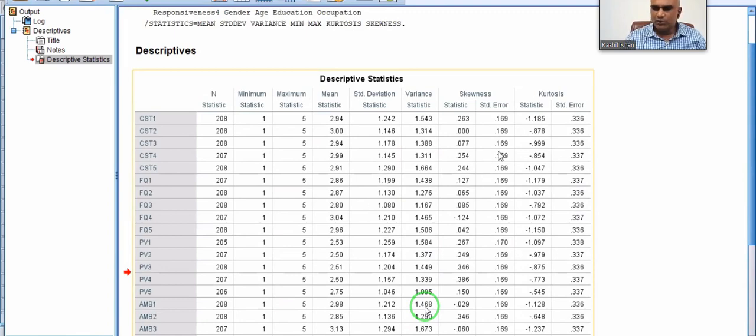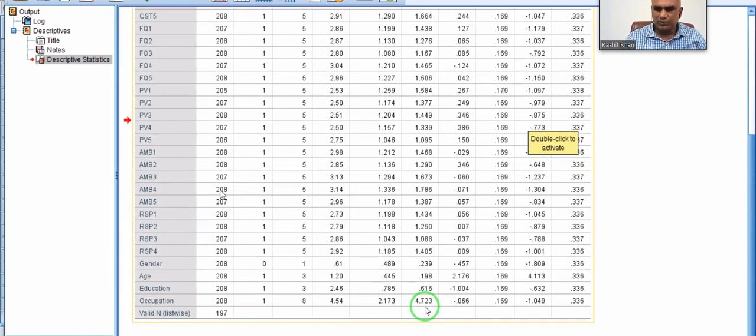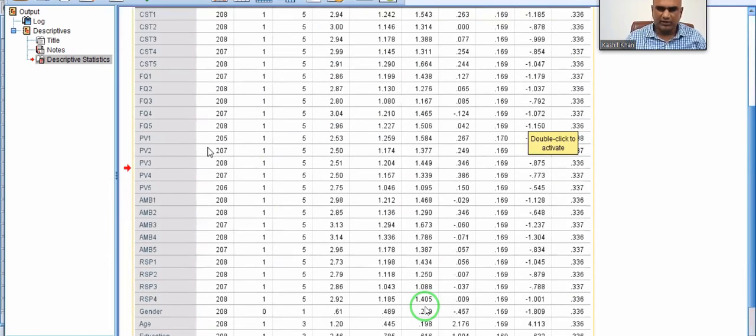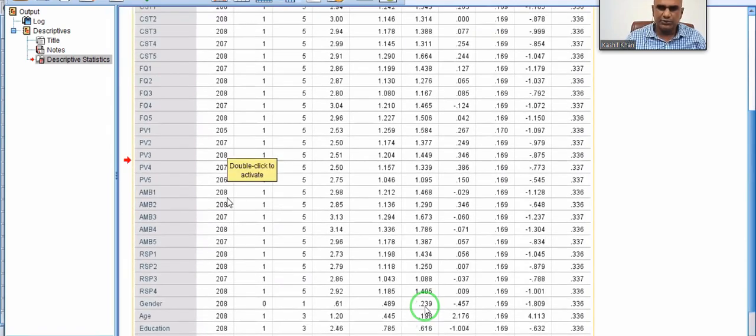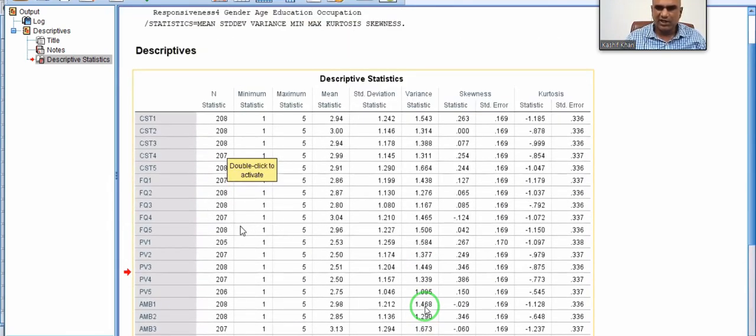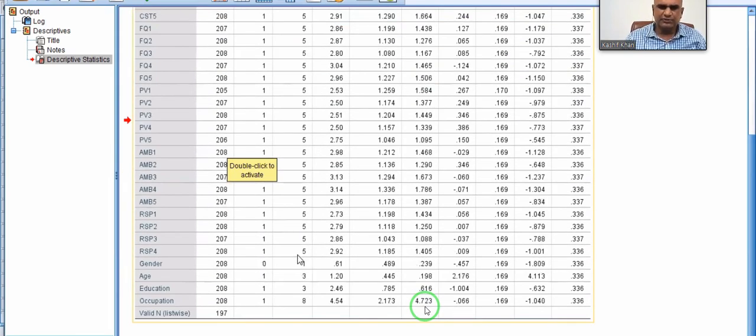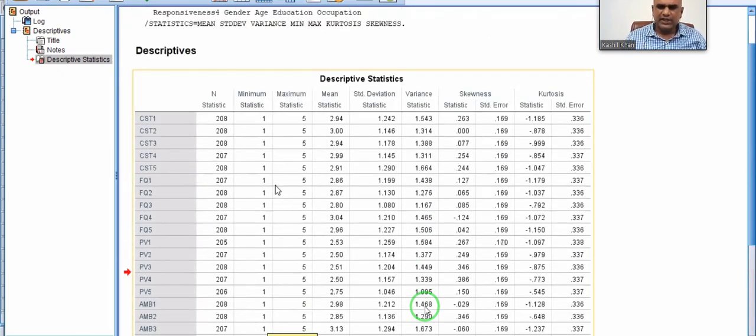Likewise, this is where we're talking about descriptive. And look, the total number is 207, which means I'm still using some missing values over here. Nonetheless, forget about it. Now, the minimum and maximum are very important. If you mistakenly put anywhere on your sheet 12, 15, 19, a typo, or 0, let's say, it will catch it.